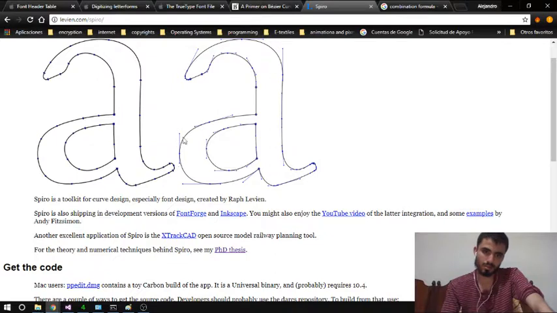These are the tangents. So there are a bunch of bezier curves here, you know. Every one of these is a bezier, and they join together.